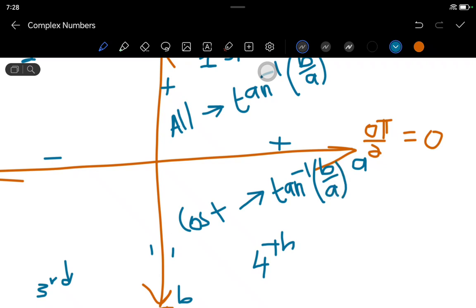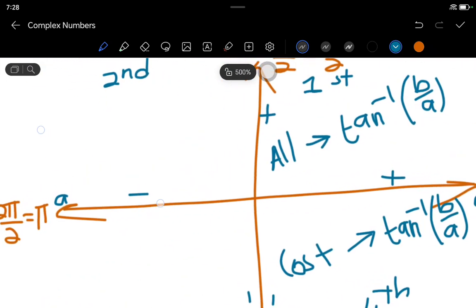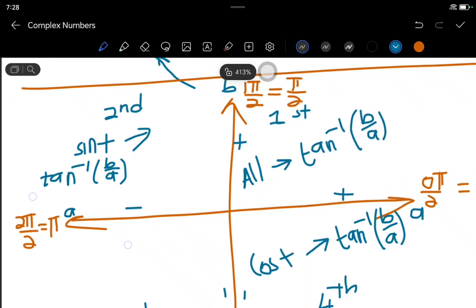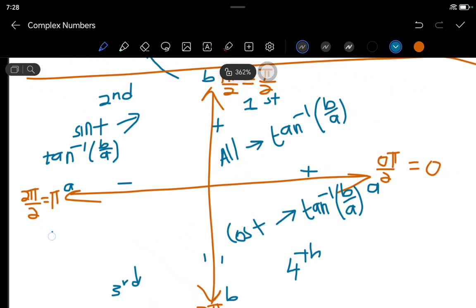Then here sine is positive, meaning that the rest are negative. Then the formula is arctan of B over A. And then between the second quadrant and third quadrant, this is where you put some manipulations to the formula.